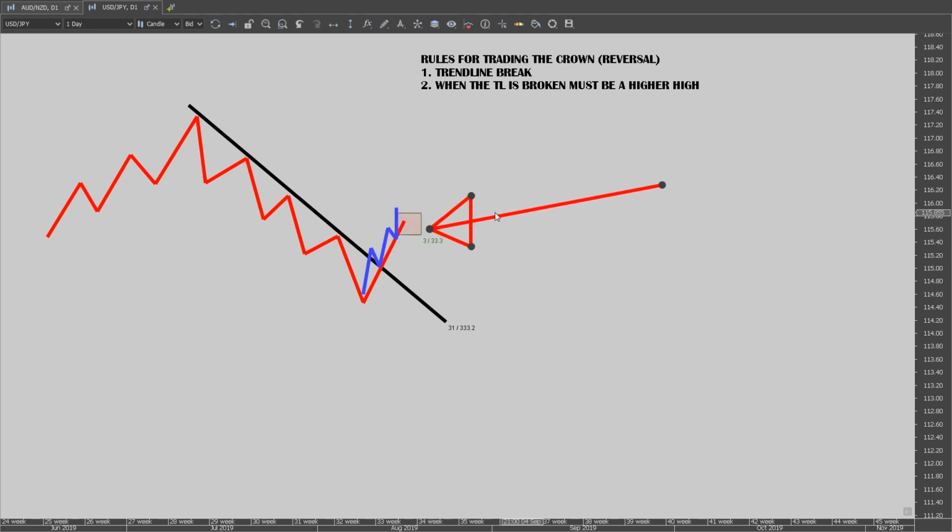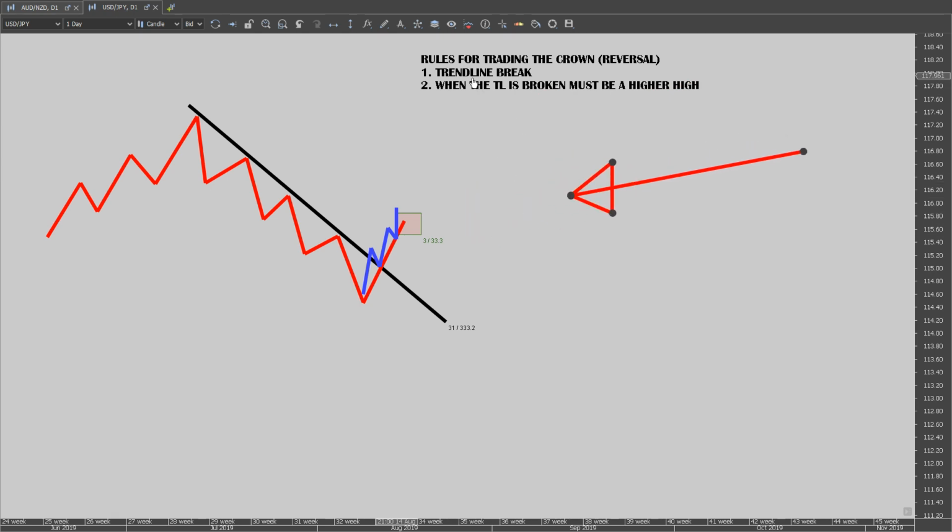And this is important, everybody. Why is that? Because you need to monitor the structure or the market wave, right? Not all the highs and the lows are relevant. In the end, number two is when the trend line is broken, must be a higher high.